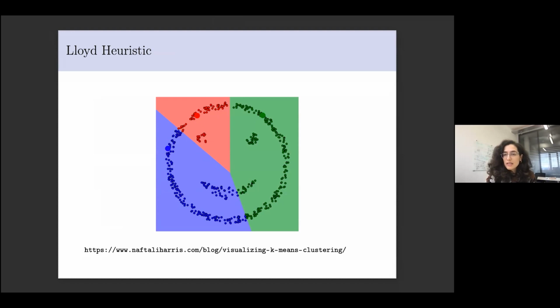Now we update the center of each partition or cluster to be the average of data points in that cluster. Then we assign each data point to the closest center again. And we continue this process. So here you are seeing iterations of the algorithm, and at the end it converges to this solution. So you have these 3 clusters and 3 centers.